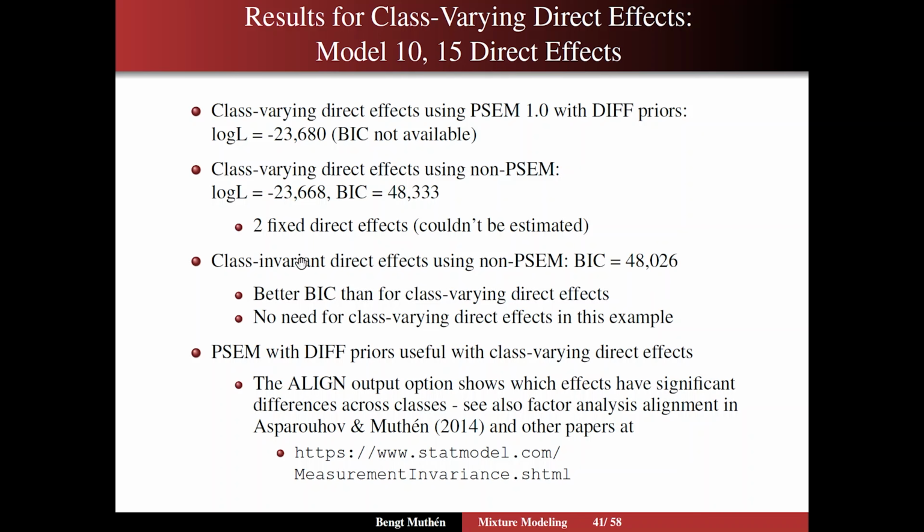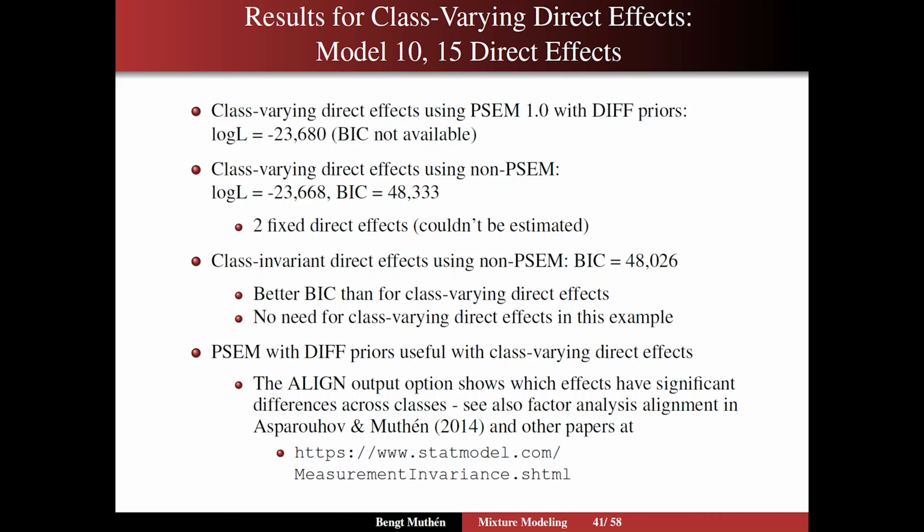So the class invariant direct effects is a better model than the class variant direct effects. So better BIC than for class variant direct effects, and no need for class variant direct effects in this example.